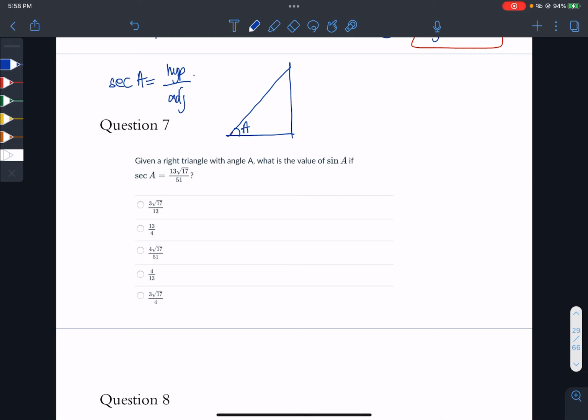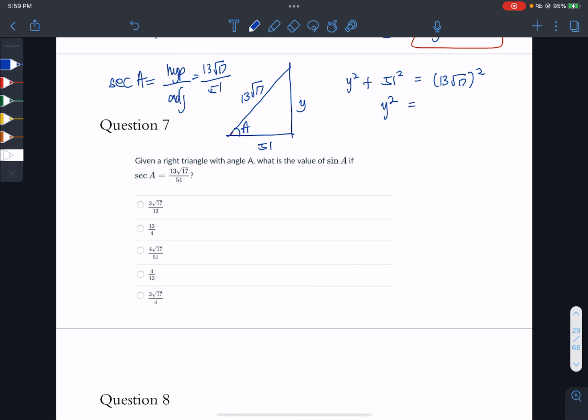This means our hypotenuse is 13 square root of 17 and the adjacent is 51. So this is the 13 square root of 17, and the adjacent, beside A, is 51. What we don't know is this y. How do we get that? Pythagorean theorem again. So y squared plus 51 squared is equal to 13 square root of 17 squared.